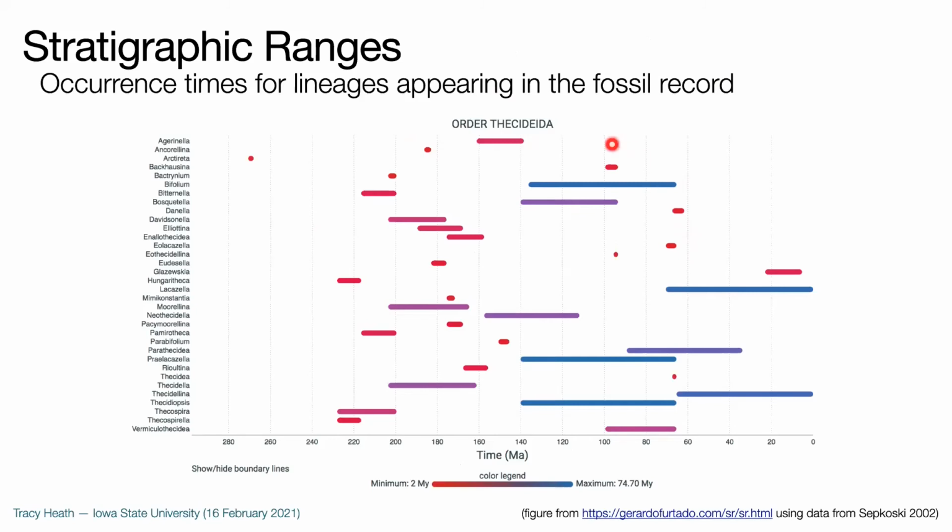These types of patterns give paleobiologists a lot of information about not just the origination and extinction of particular lineages, but about the preservation and recovery biases that may impact our understanding of lineage diversity.